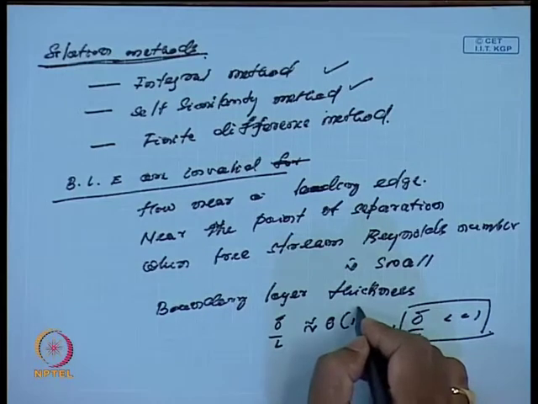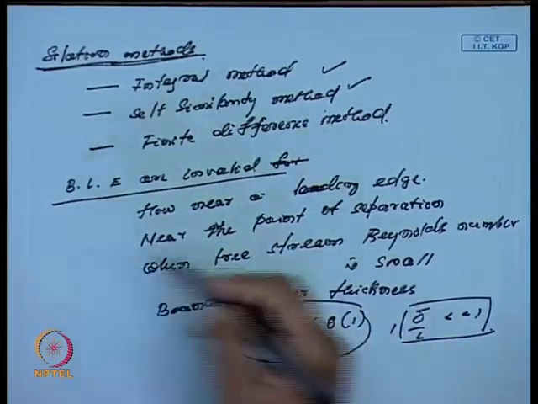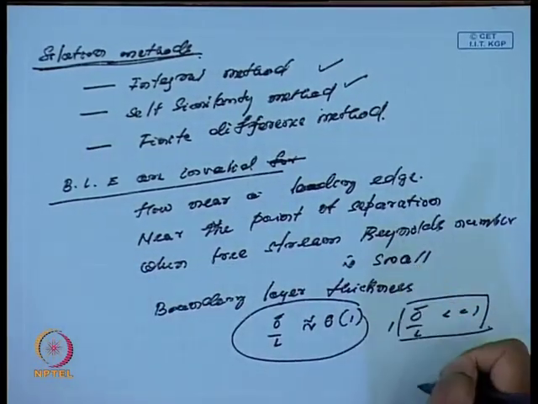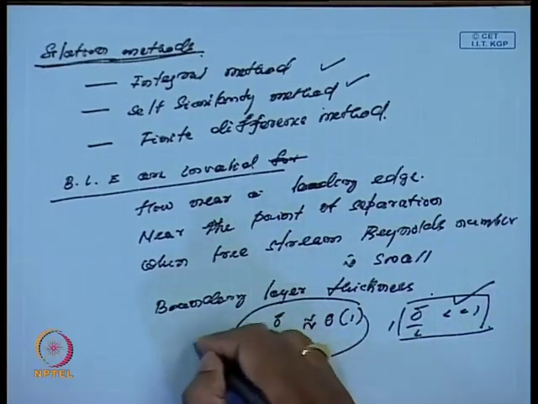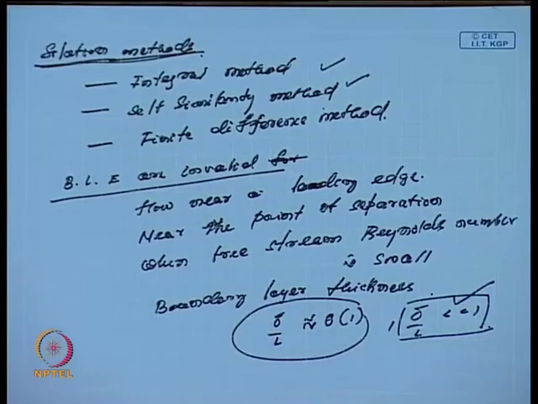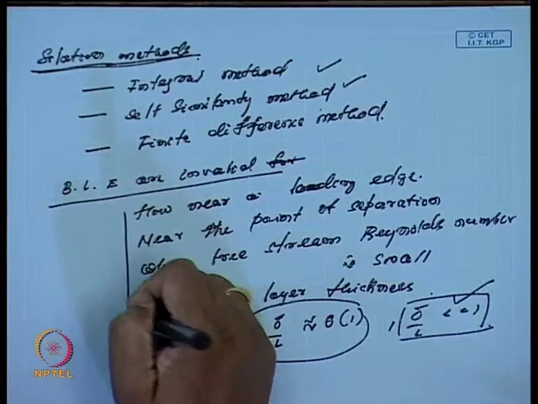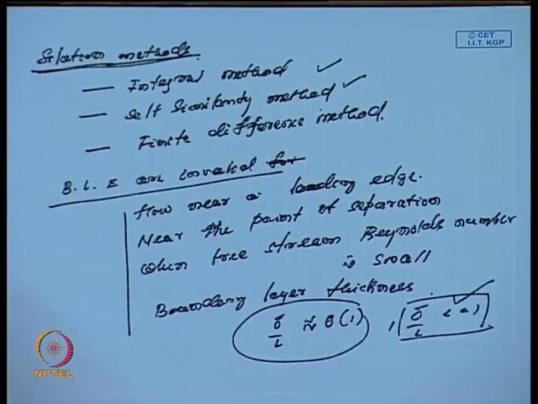But if del by L is of order 1, then the boundary layer equation as derived will not hold good. So in all these cases we cannot apply the boundary layer equation to deal with a flow of this nature. With this understanding, in the next class we will discuss the solution methods associated with the boundary layer equation through various practical examples. With this we will stop here.